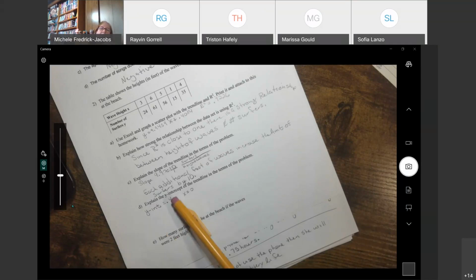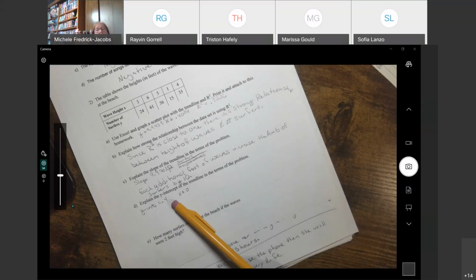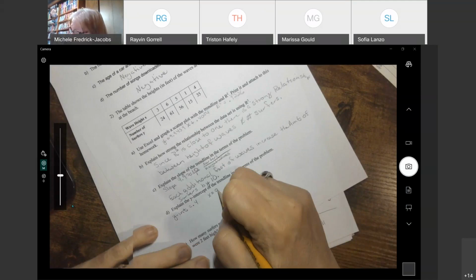So it's saying when there's no waves, there's no surfers. And actually, this does round to 0. So you could put that, or you could put the 0.4. I wouldn't take off for that, definitely. But it does mean, because x is 0, there's no waves.